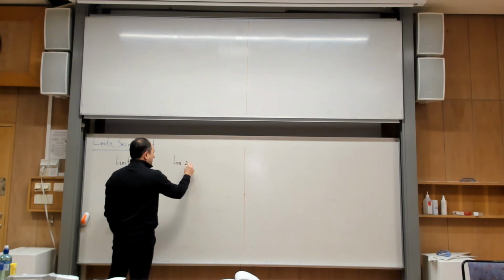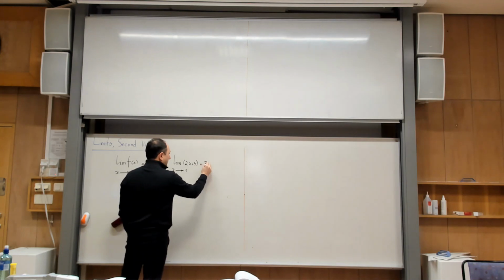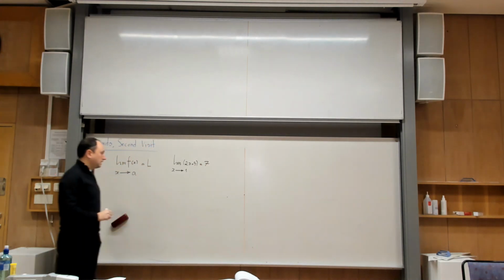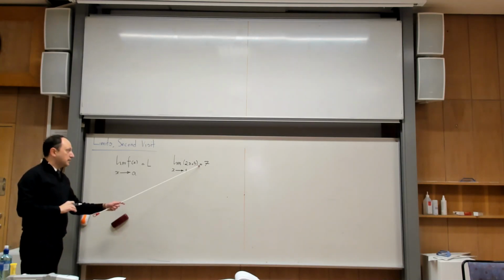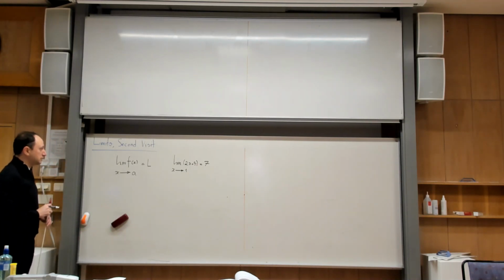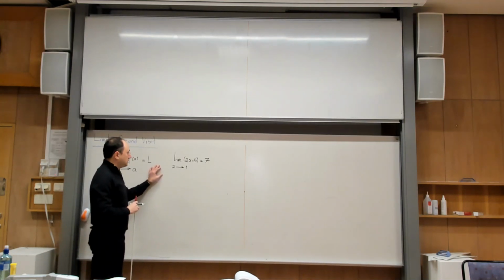For example, when I say the limit of 2x plus 5 when x goes to 1, or approaches or tends to 1, the answer is 7. And be careful here, I am putting exact equality, but you need to interpret this equality in this way. First of all, what is the meaning of this symbol?